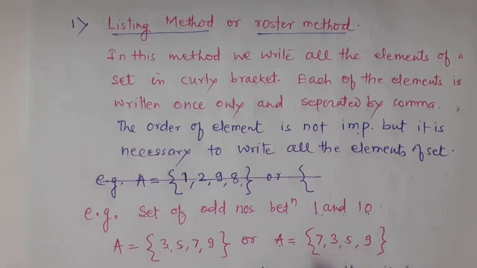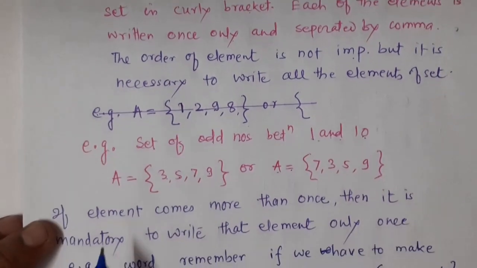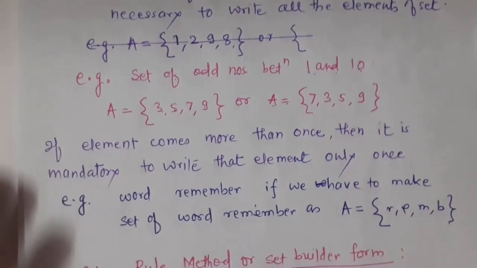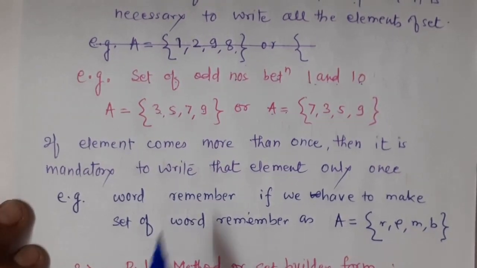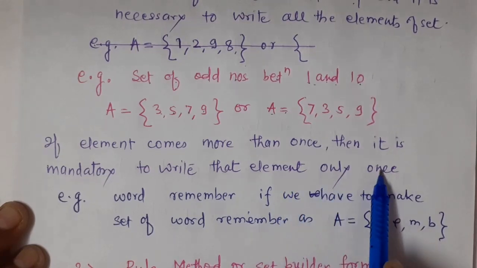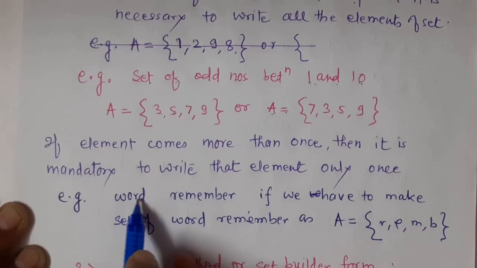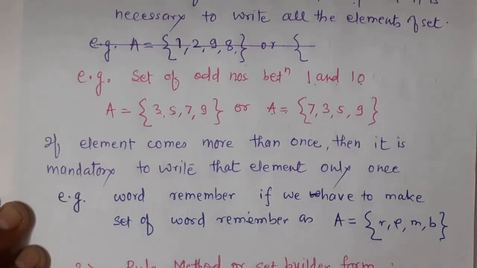But before that, let us see what our rule is. It says that if an element comes more than once, then it is mandatory to write that element only once. Suppose we have to show the set of the word remember. How many letters are there?